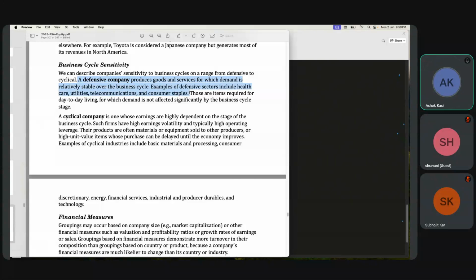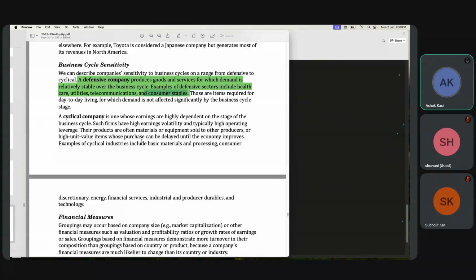These are all defensive companies because whether war is happening or COVID is happening, people who need tablets are going to take them. Utilities, telecommunications, internet, consumer staples, food, all these things we are going to use. So that's why these are examples of defensive companies.